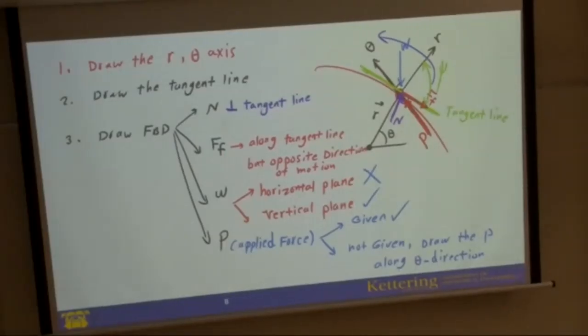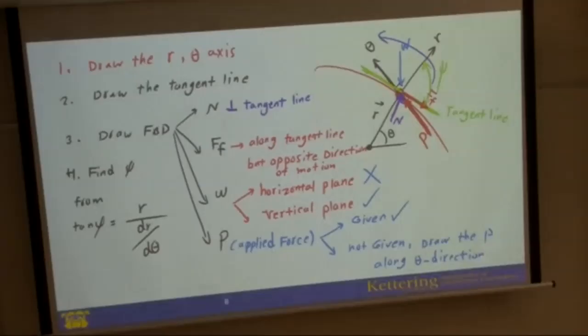But if you cannot, you need to use the formula I just mentioned. Find psi from tangent psi equal to r divided by the derivative of r with respect to theta.